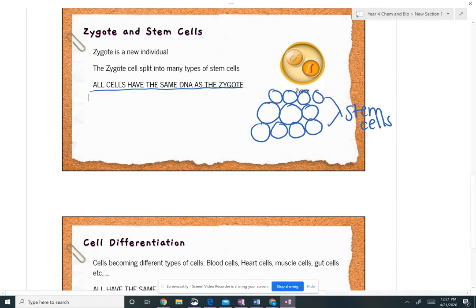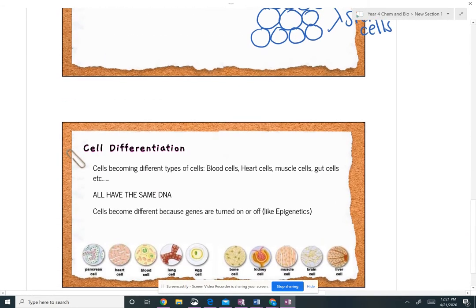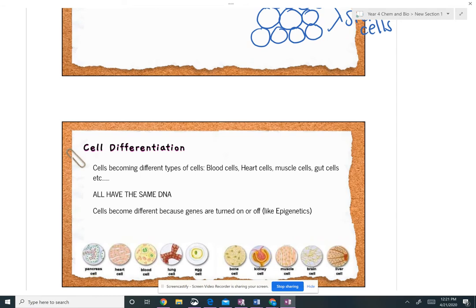But since we have all of these different types of cells, blood, heart, muscles, gut, lungs, brain, all of that stuff, and they all have the same DNA, how do they become so different? How do they look so different?